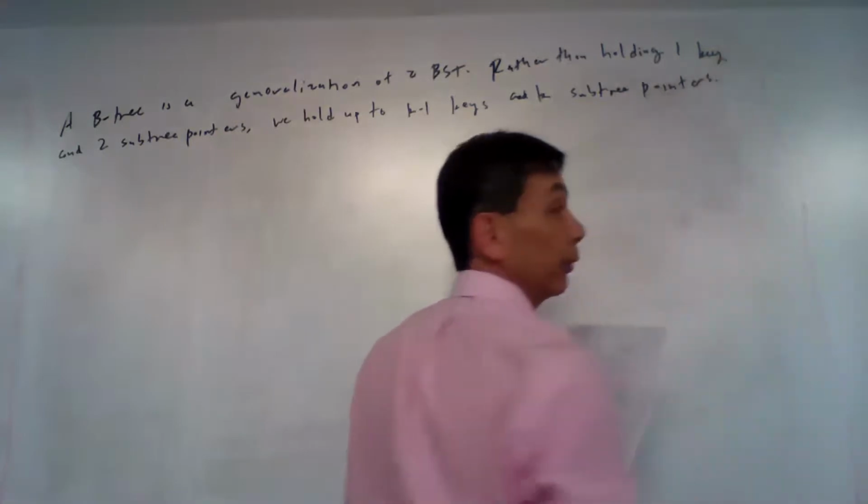Remember, we want this node to be as wide as possible, okay? This is called an order k B tree.